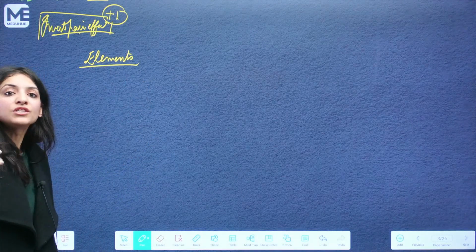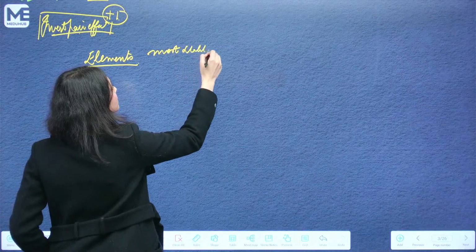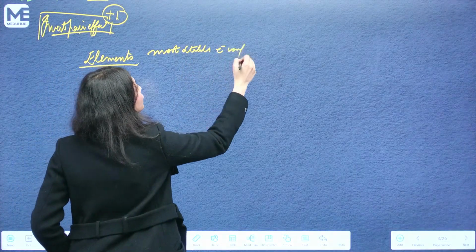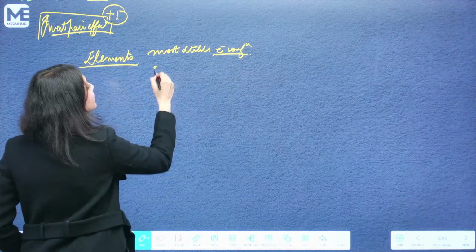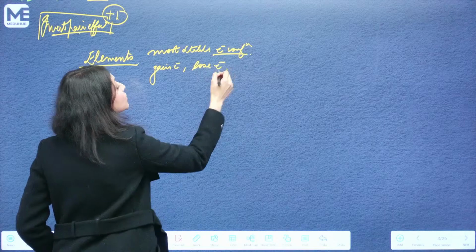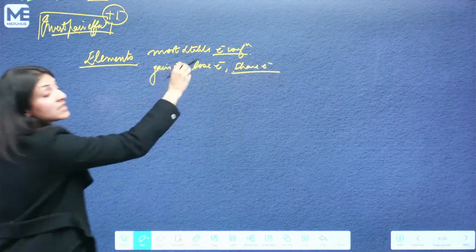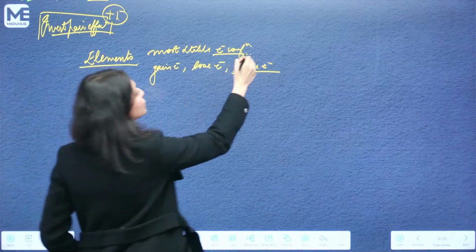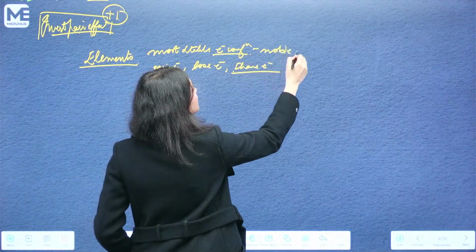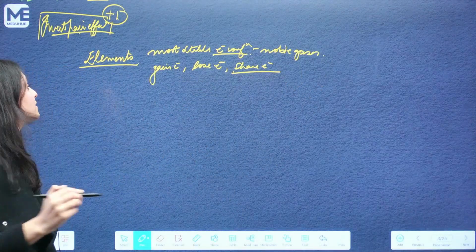They will try to achieve the most stable electronic configuration. To do that, they will either gain electrons or lose electrons, or they will share electrons. And the most stable electronic configuration you all know is of noble gases.